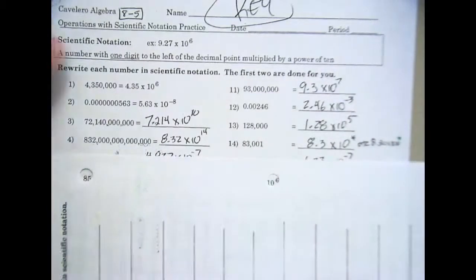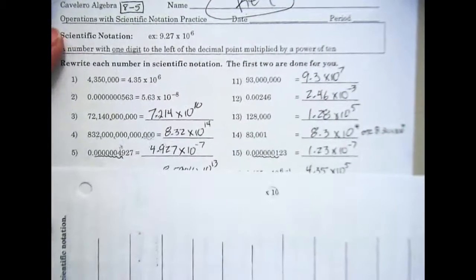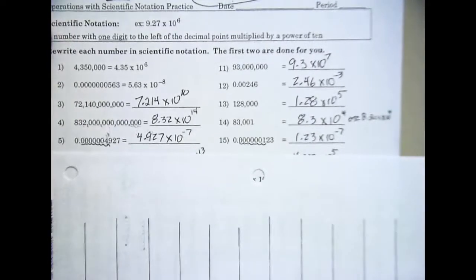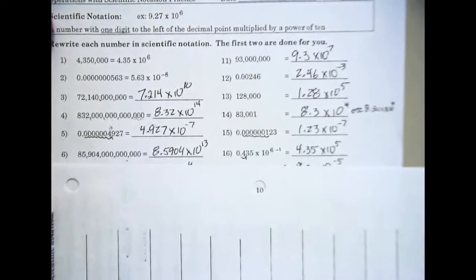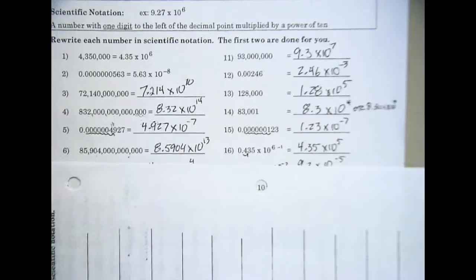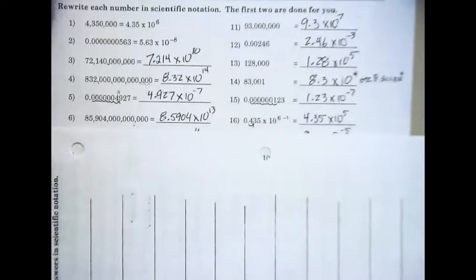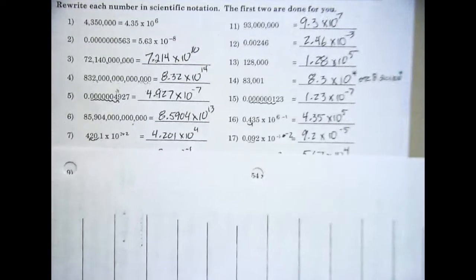Okay. Number 5, 4.927 times 10 to the -7. Number 15, 1.23 times 10 to the -7. Number 6, 8.5904 times 10 to the 13th. Number 16, 4.35 times 10 to the 5th. Number 7, 4.201 times 10 to the 4th.